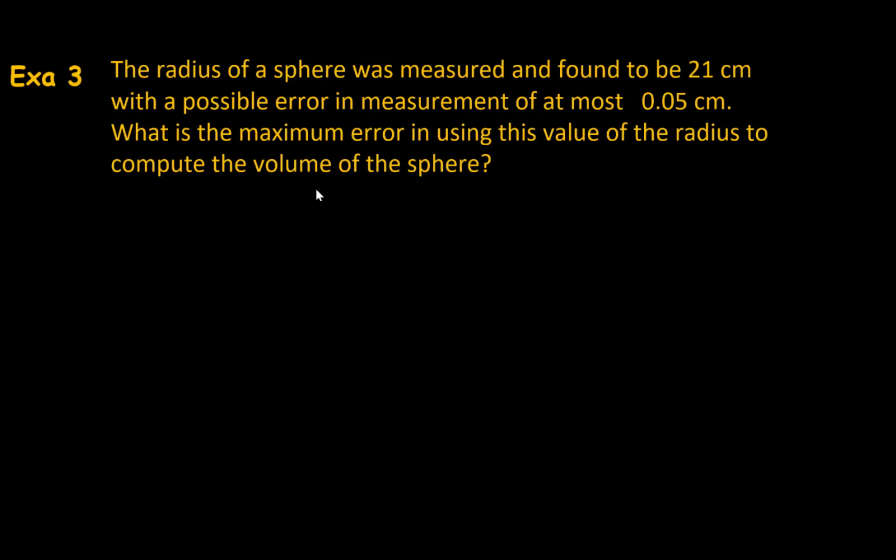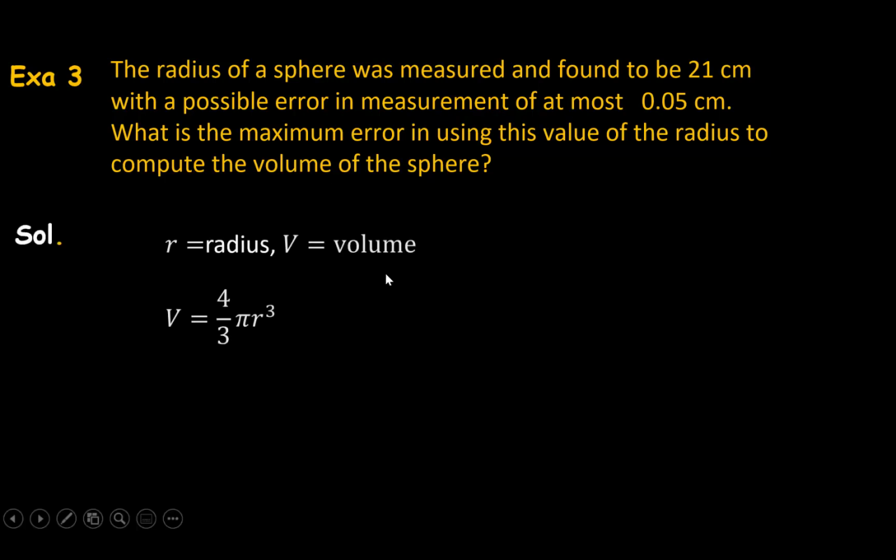Well, first of all, let's recall the formula for volume. If you denote V by volume, then volume is just this. That's a well-known formula where r is the radius. Basically, we want to calculate how much error there is for V. That is really just delta V.